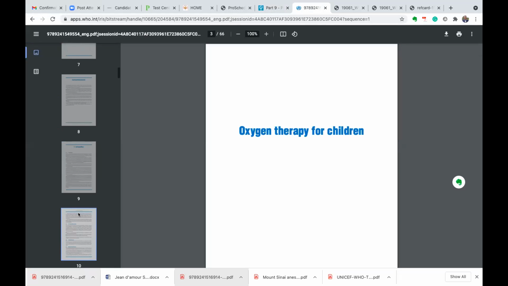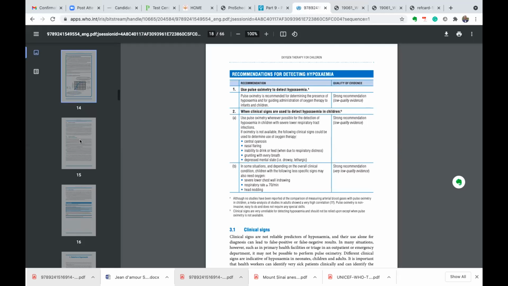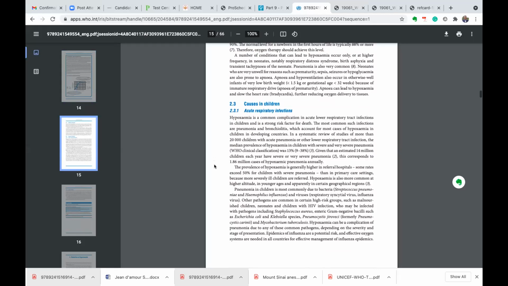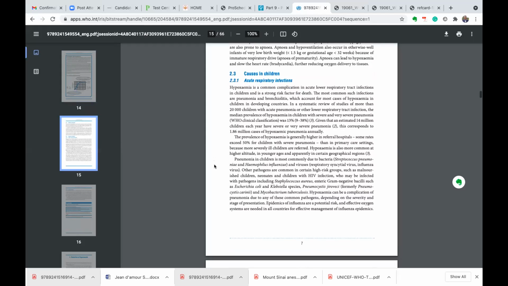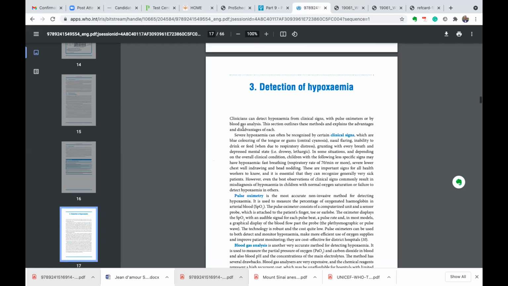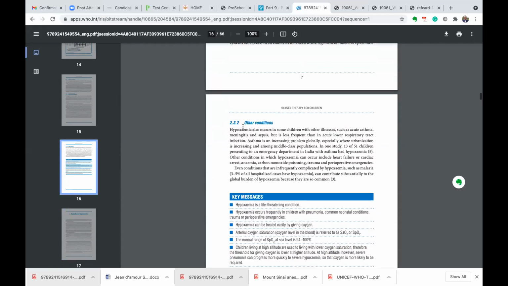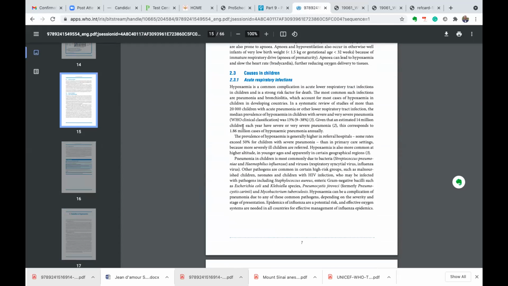Go to page 8. Very good. Yeah, so the top causes of hypoxemia include infections, acute respiratory infection, including pneumonia, for example.